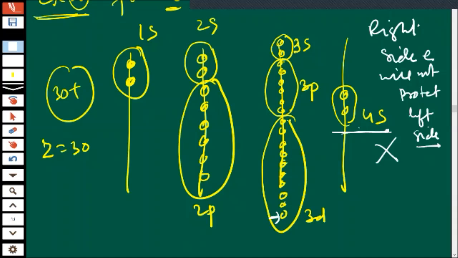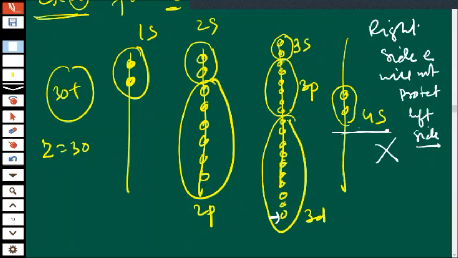Now tell me how many electrons will try to protect this 3d electron? Sir, 27. 1s and 2s. How many total electrons will protect? 27. Because we have minus 2 electrons, remaining 28 electrons.